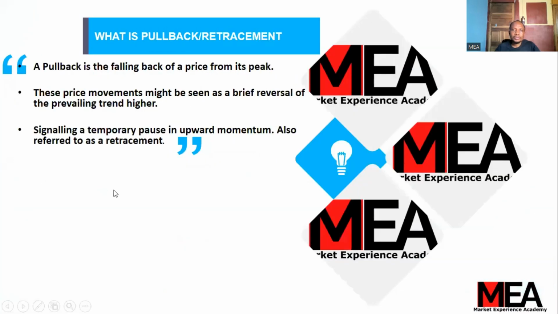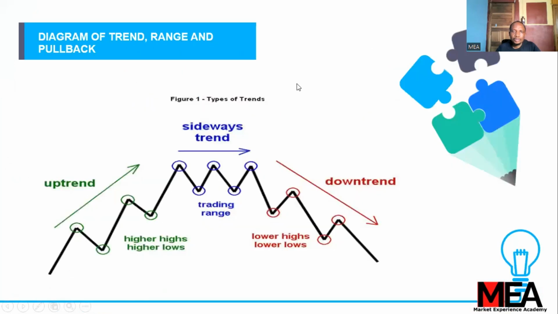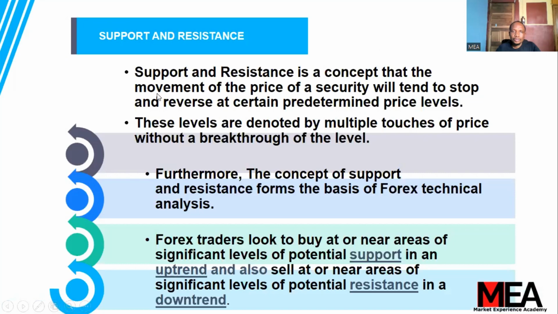All right, I believe that you all can see my screen. Let's move to the business of today. What we have before us is what we call support and resistance.